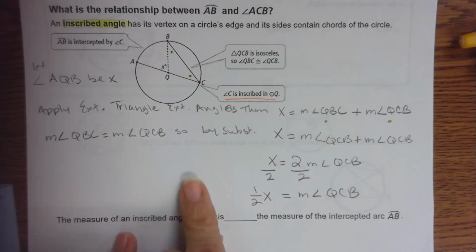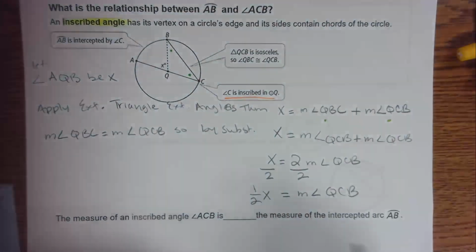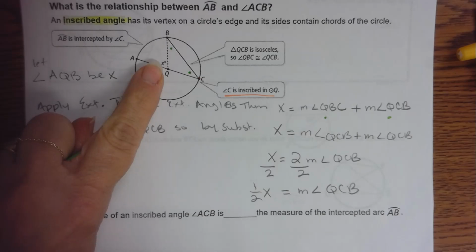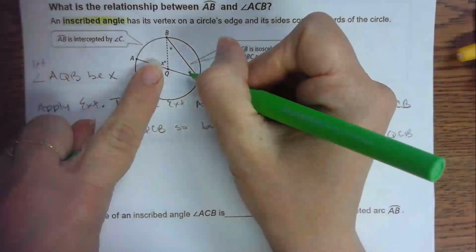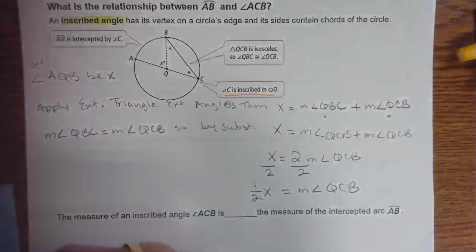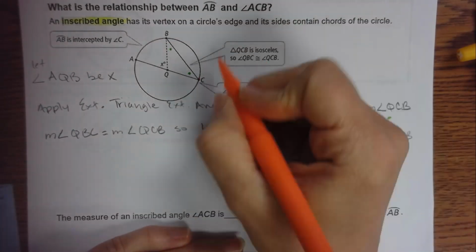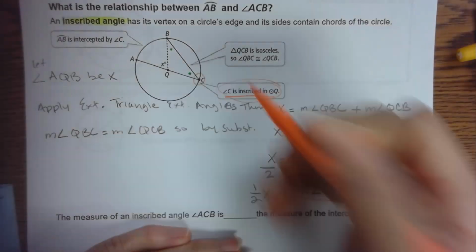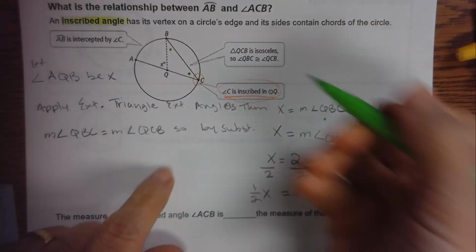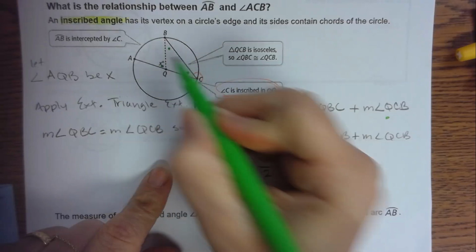So that's our conclusion here: the measure of the inscribed angle, this is the inscribed angle QCB, is half of the measure of the central angle, which is X. This is the central angle.